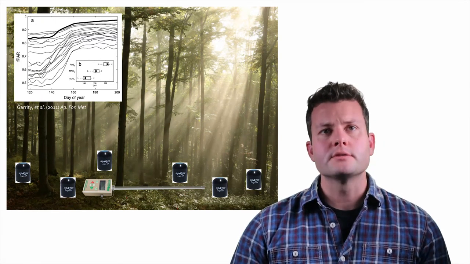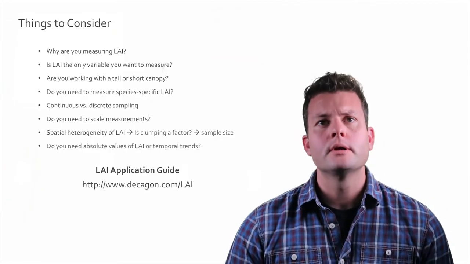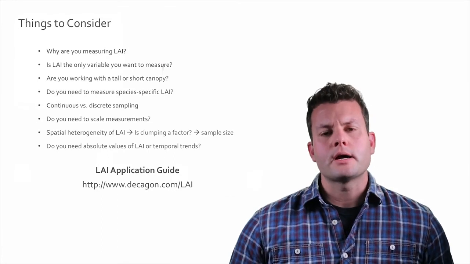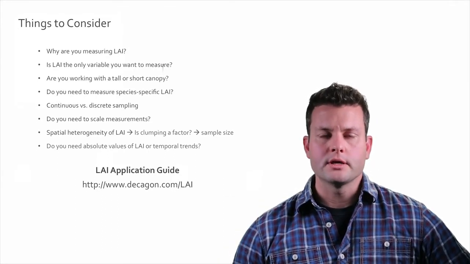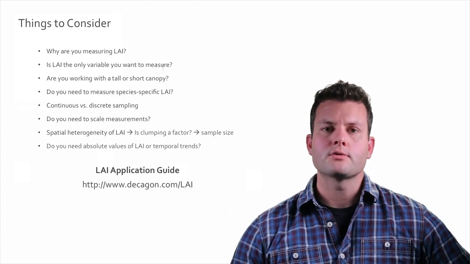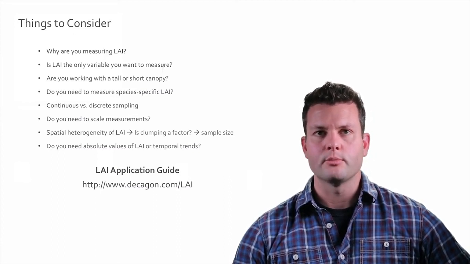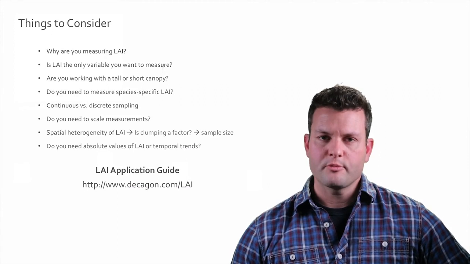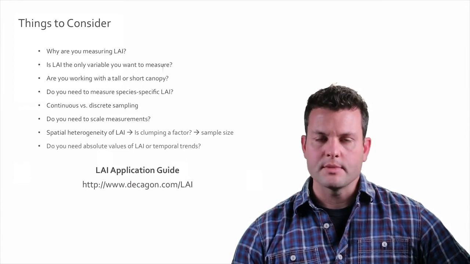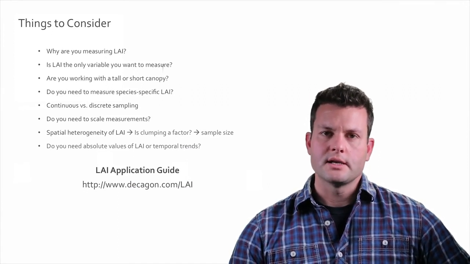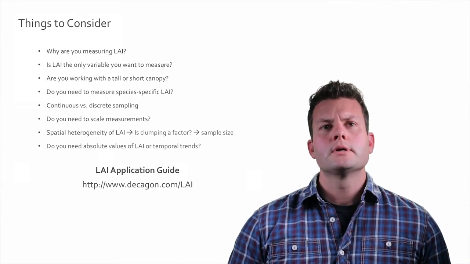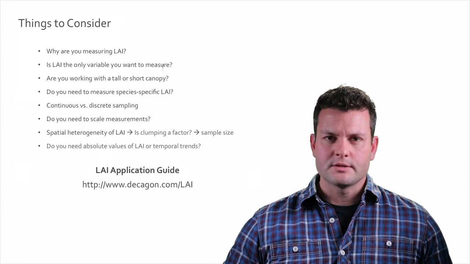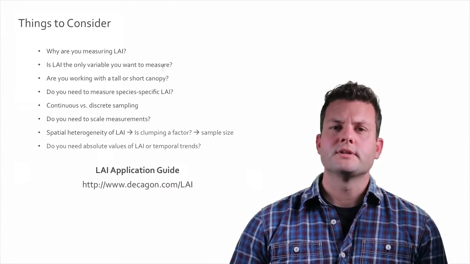So a few other things to consider in wrapping up here. The first thing I always encourage people to consider is, why are you measuring LAI? Are you really interested in leaf area index, or are you interested in some related variable? For example, a lot of people try and estimate LAI so that they can estimate transmitted light or absorbed light, because they're trying to estimate canopy productivity or photosynthesis.